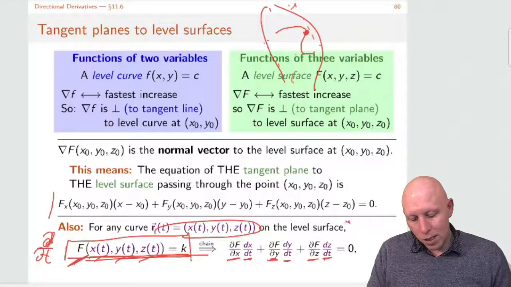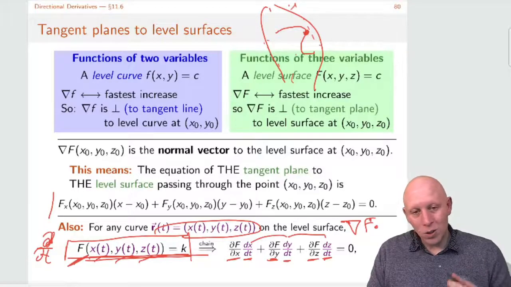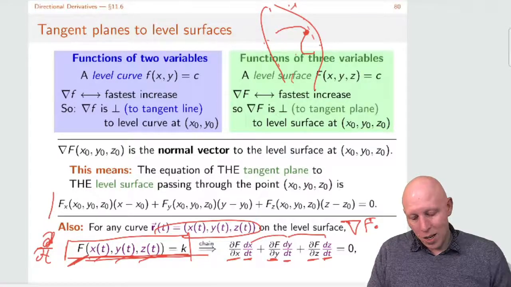Well, what is this? This is another dot product. The gradient of f dotted with the derivatives of x, y, z with respect to t, right? That's r prime of t, is equal to 0.